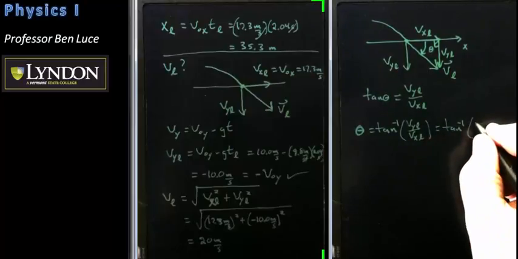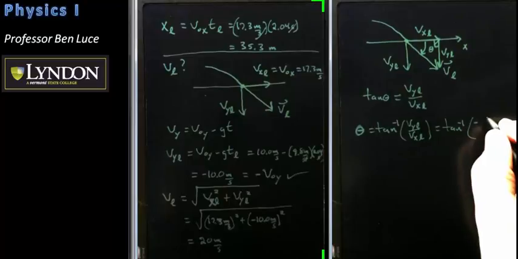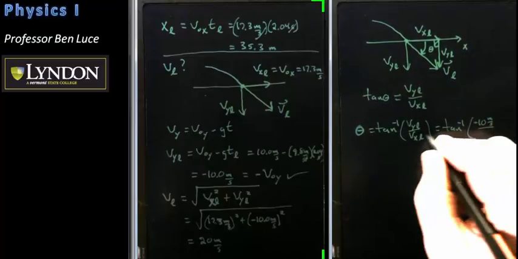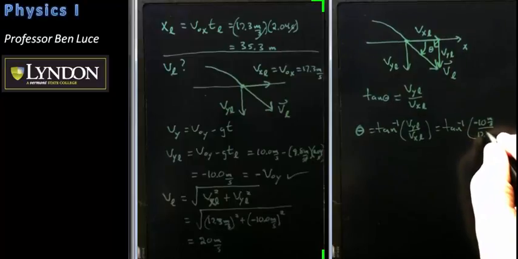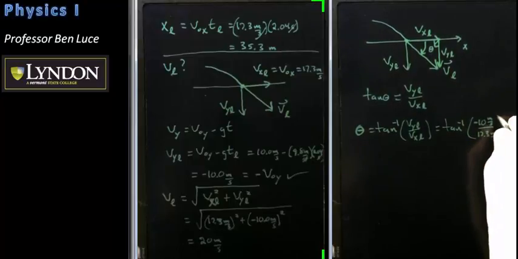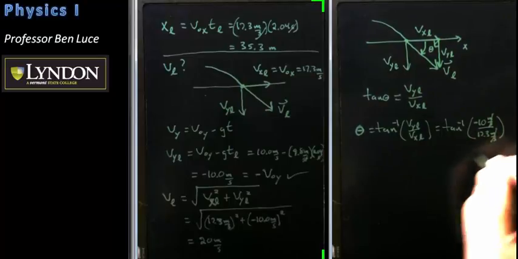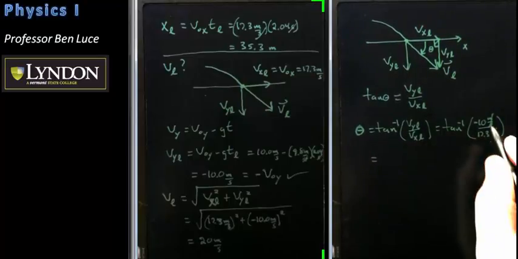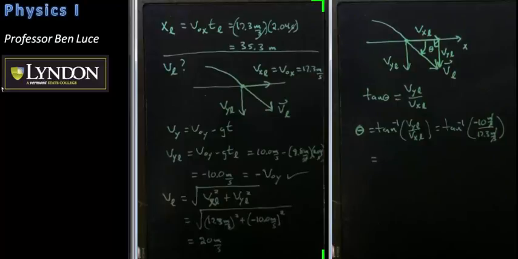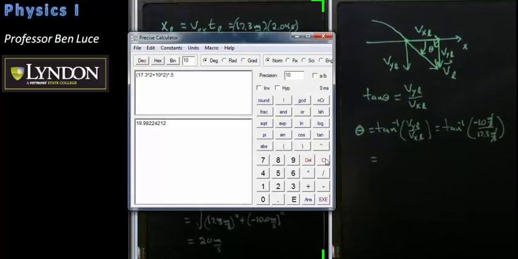And we can put in the numbers here. VYL is minus 10 meters per second. VXL is 17.3 meters per second. The units cancel. And let's see what happens when we have this inverse tangent with a negative sign. You may recall that when we were discussing vectors and how to compute the angle, there's an ambiguity that comes in when you have a minus sign.